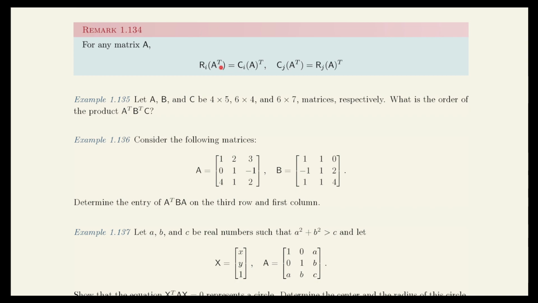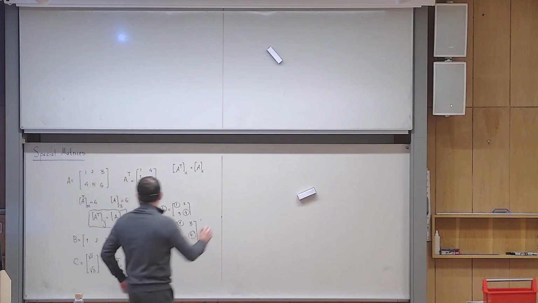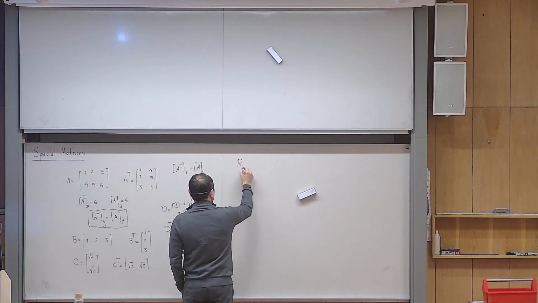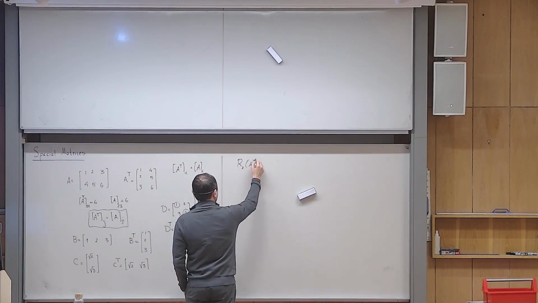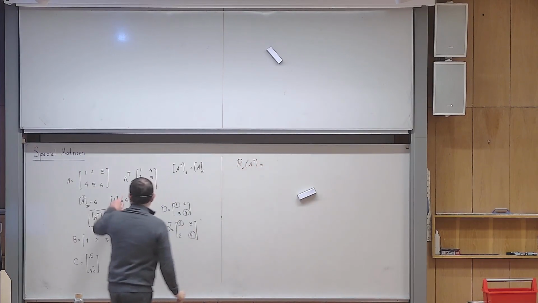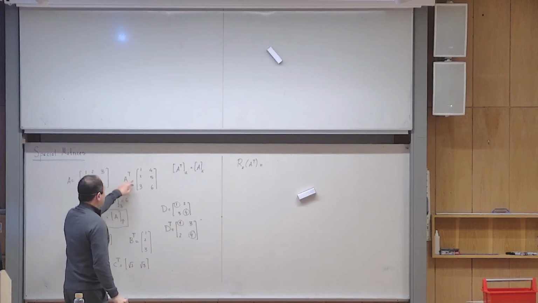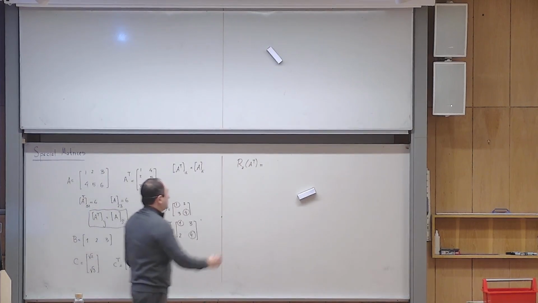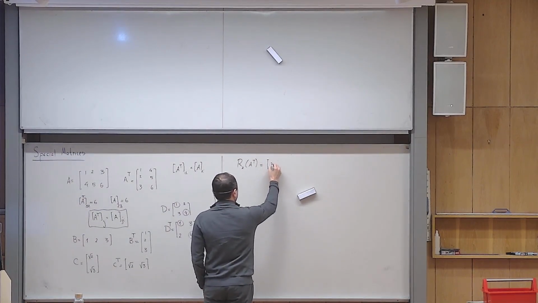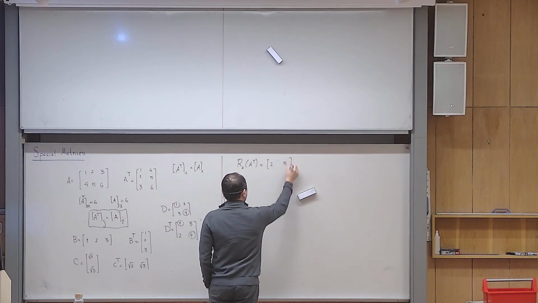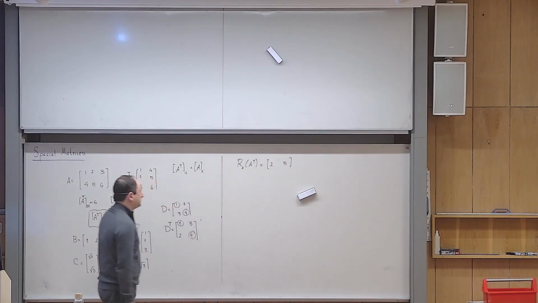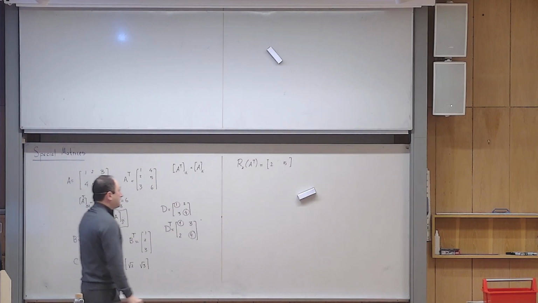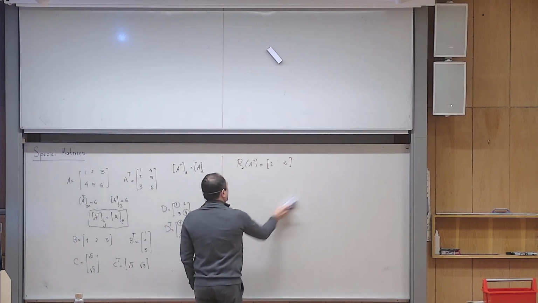If I ask you what is the second row of A transpose? This is my A transpose. The second row of my A transpose is this row matrix. But this is equal to what?